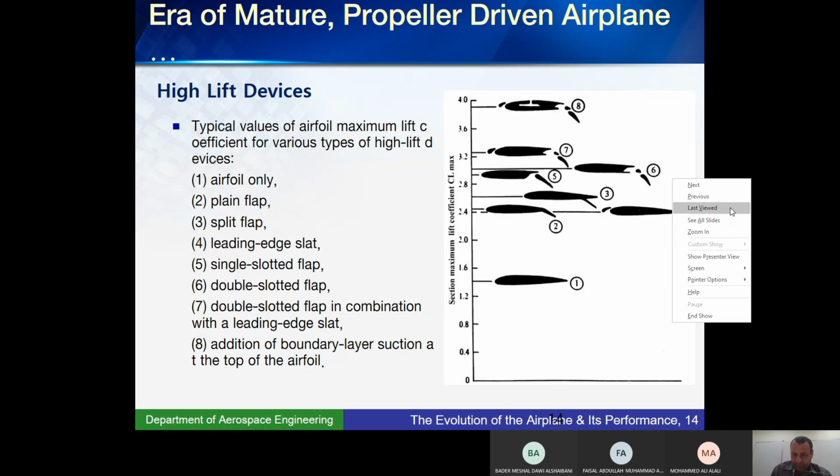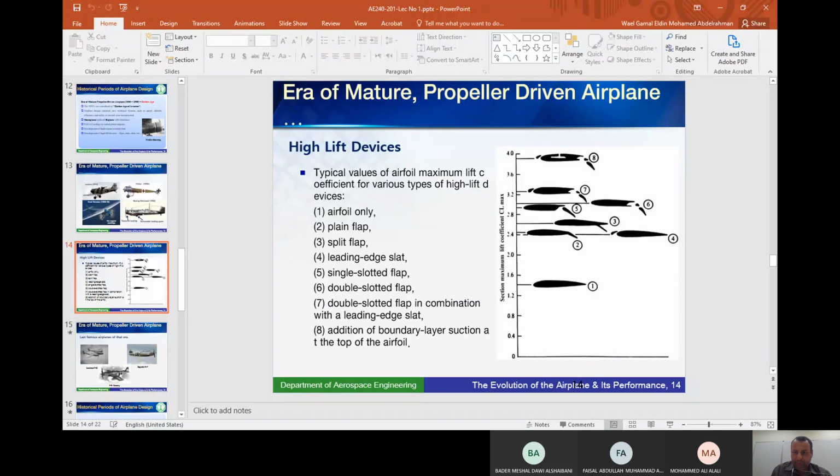Let's see. Badr, can you write it? No? You know what? Okay. Yeah, I'm asking, why do we use high lift devices?